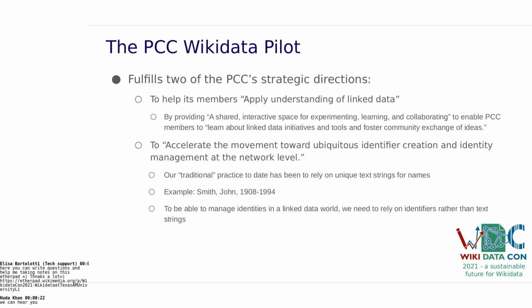Up until now, our traditional practice for authority control was to rely on unique text strings for names, like this example I gave on my slide for John Smith, and his birth and death dates to distinguish him from the other John Smiths in our catalog. But if we're going to shift to manage identities in a linked data world, we need to shift our focus to center more on persistent identifiers rather than on controlled text strings.